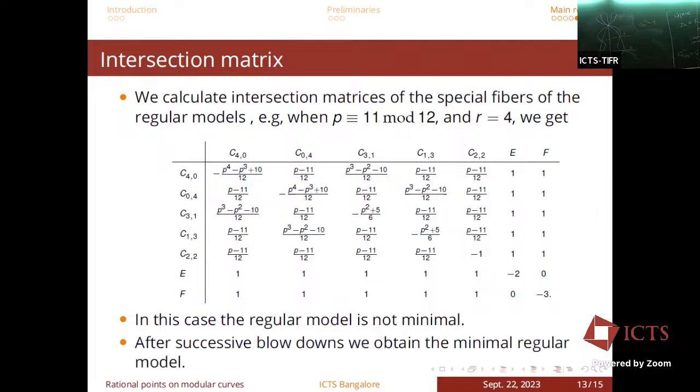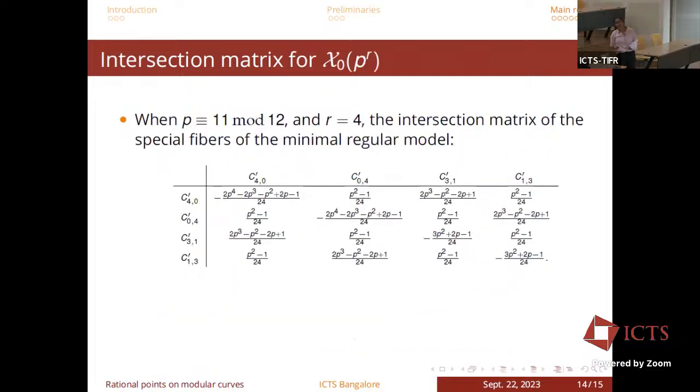So we need to blow down. After 3 successive blow downs, we obtain the minimal regular model. There, in the intersection matrix, we don't have this -1. The final intersection matrix looks like this.